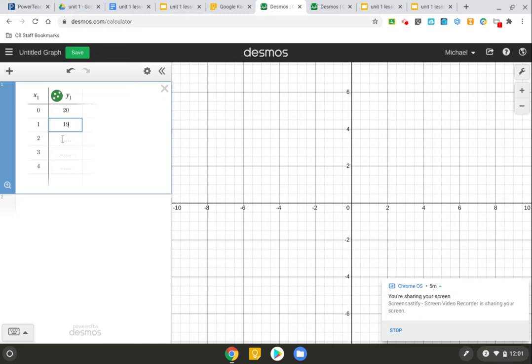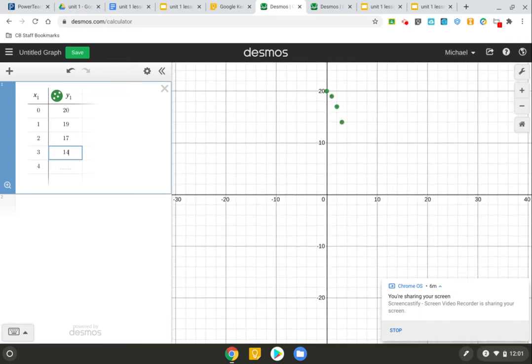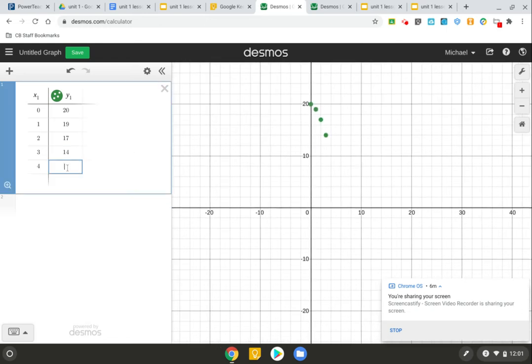To find the third term, or term 2, I take the previous term and subtract 2. The next thing I'm going to do is subtract 3, so 17 minus 3 is 14. And then I subtract 4, which gives 10.